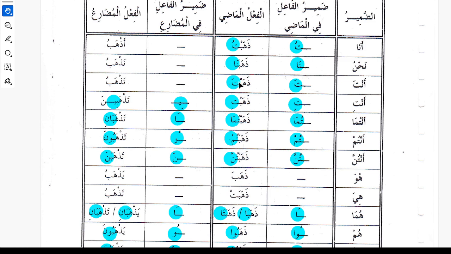But in all other forms the fa'il is shown, so if it comes zahabtu, you would say that tu is the fa'il, I left. In the present tense, those five forms, ana, nahnu, anta, huwa, hiya, won't show their pronouns. The pronouns are hidden there, but all other forms will show their pronouns, like I have highlighted here.